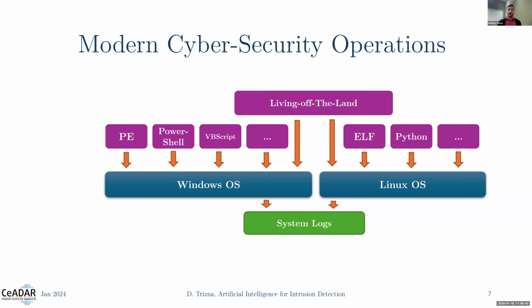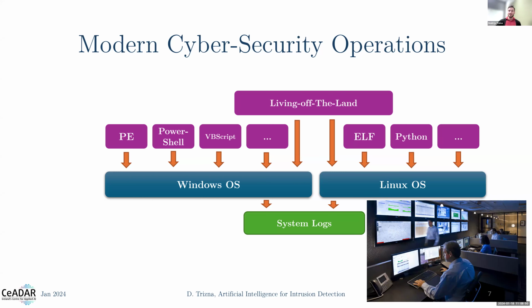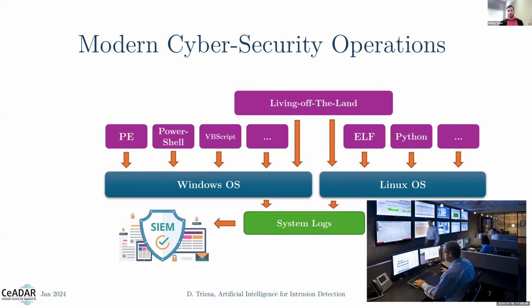And how does modern, really practical, real-world security operations handle this? This is called a security operations center, where people actually are sitting and monitoring the infrastructures to understand whether a compromise happens. Those system logs are fed into some solution. Usually they are aggregated under the umbrella of SIEM, which is security incident and event management.